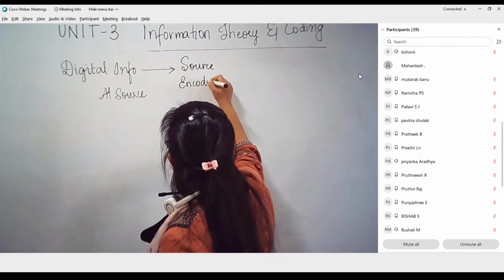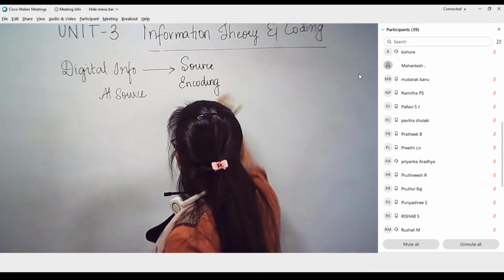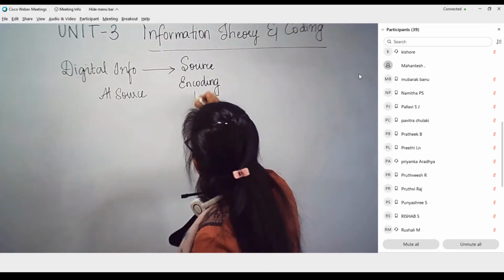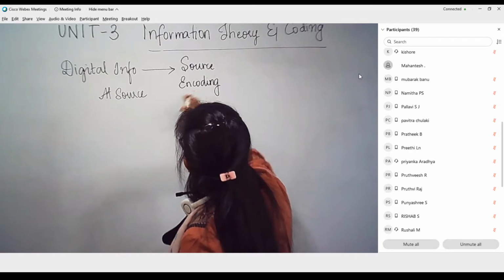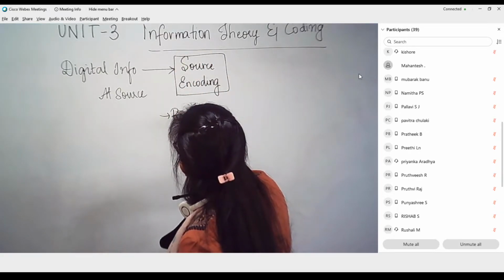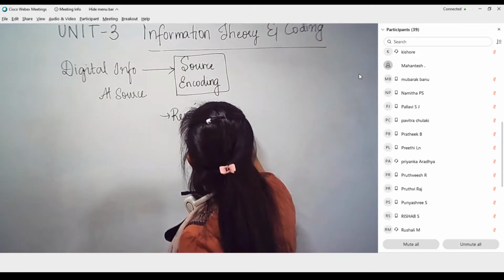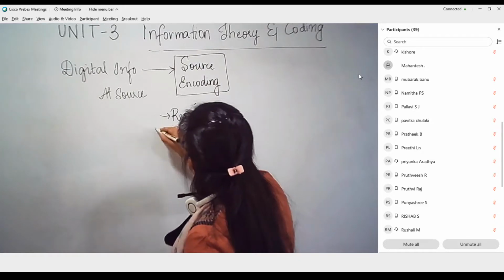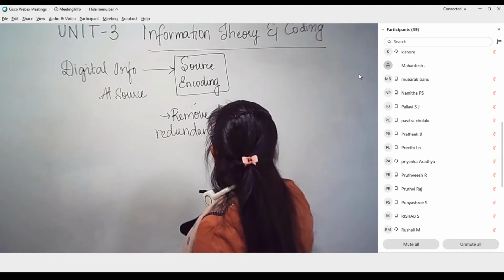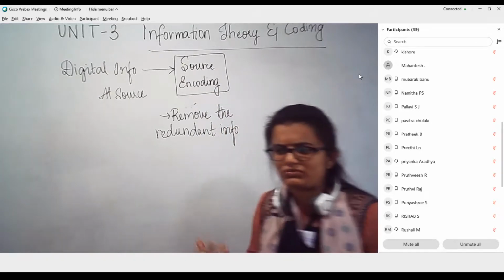What is the source encoding process? This is a step where we are going to remove the redundant information. What do you mean by this removal of redundant information? Why is it necessary to remove any information?